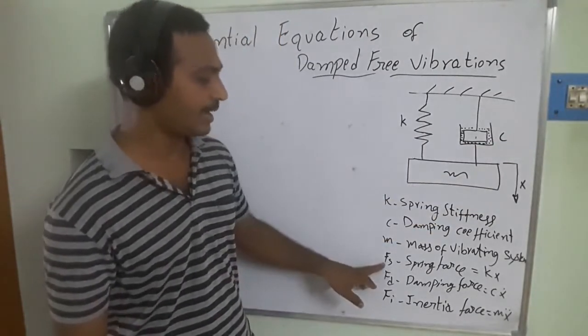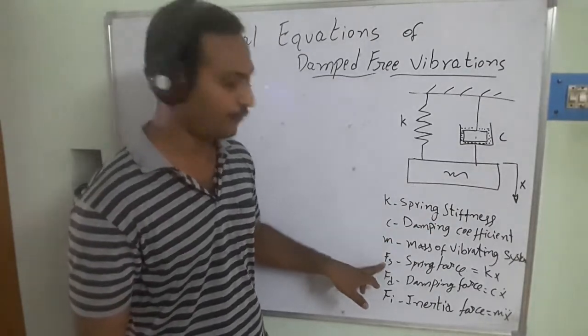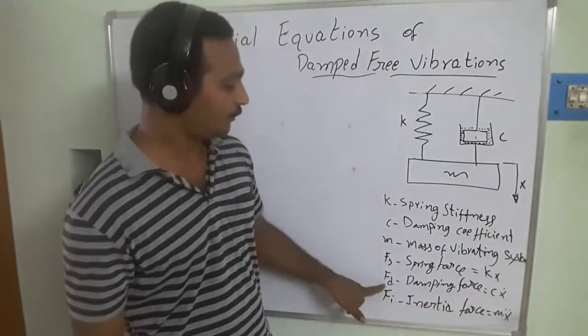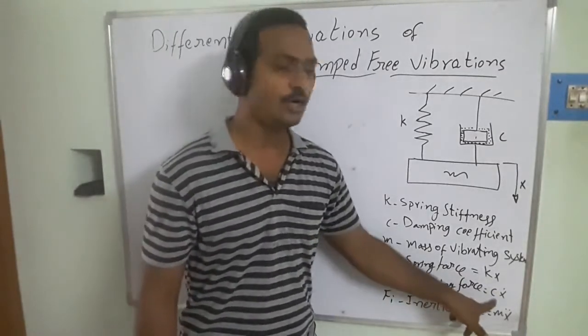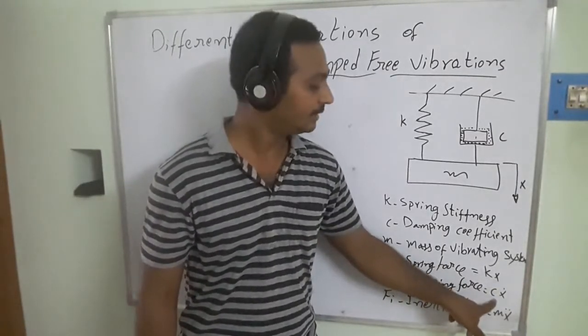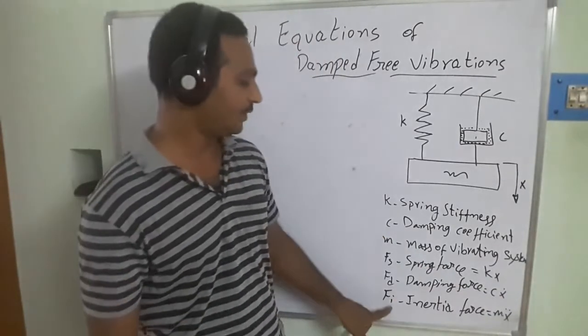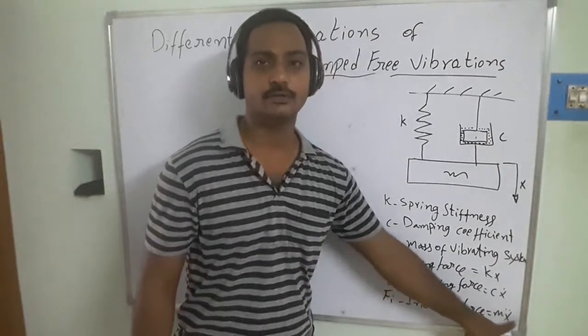Fs is the spring force, which is K into deflection. The force due to damping is the damping coefficient times velocity. The inertial force is mass into acceleration.